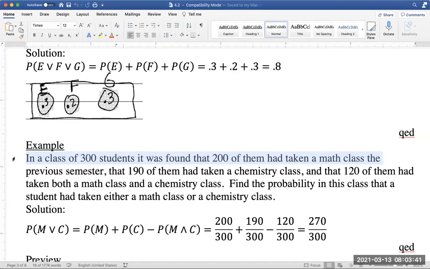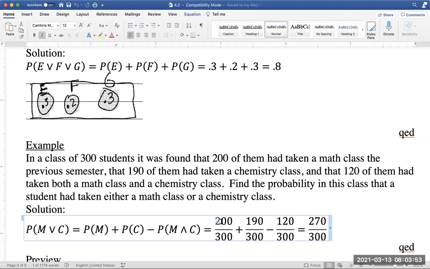Among 300 students, it was found that 200 of them had taken a math class the previous semester, 190 had taken a chemistry class, and 120 of them had taken both a math and a chemistry class. Find the probability that a student had taken either a math class or a chemistry class.